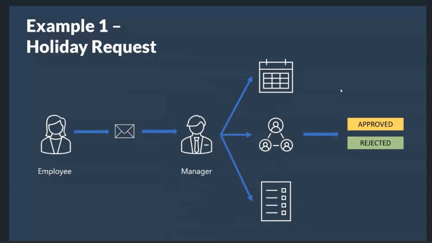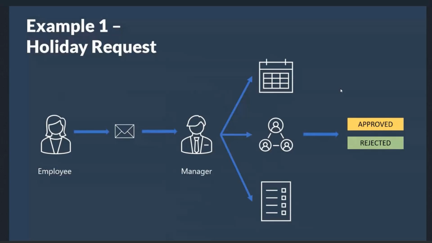He might check the calendar to make sure nobody else is away. He might check to see if he's got resources available, and he might have to reassign some of your tasks for the period that you're away. He then decides whether he's going to approve or reject your holiday request. And that might involve him sending an email back to you saying, yep, this is approved, or no, this has been rejected. So that type of workflow would be something that you could automate using Power Automate.